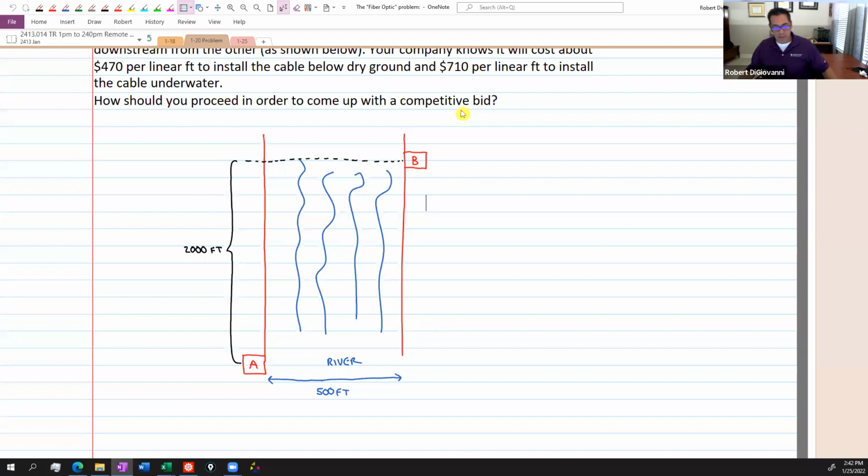So I'm going to type it down here. What I want is a function, okay, a function of a single variable which gives the cost of installing the cable.